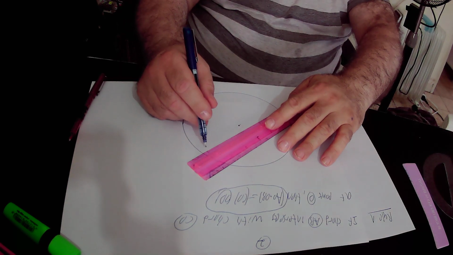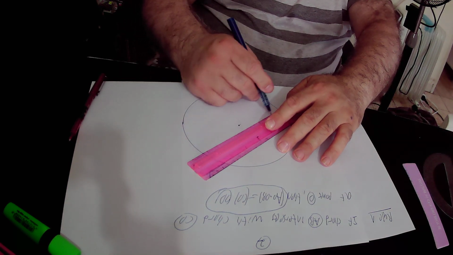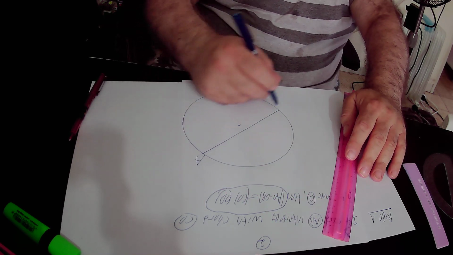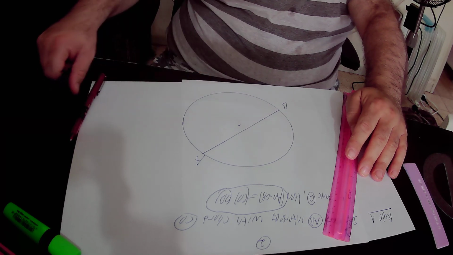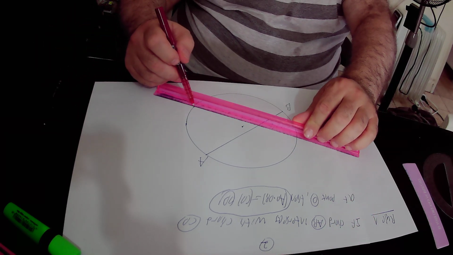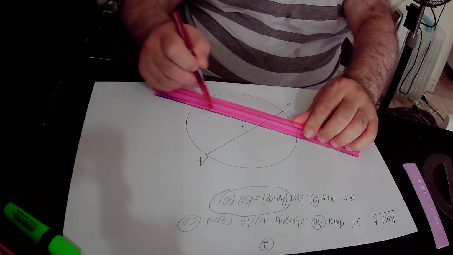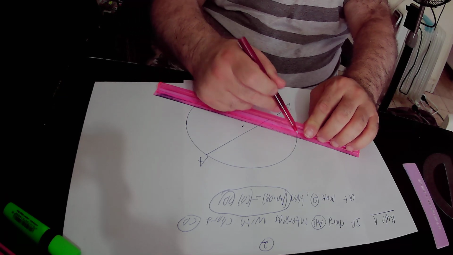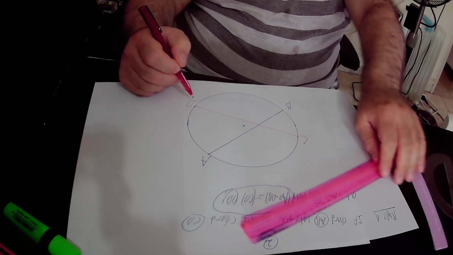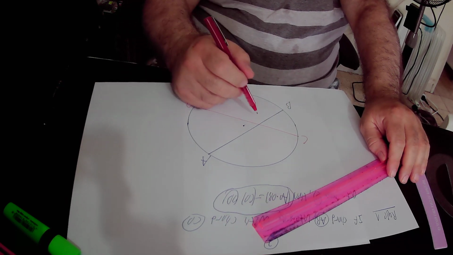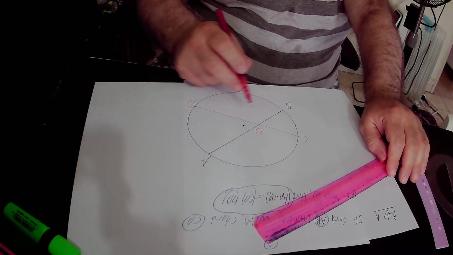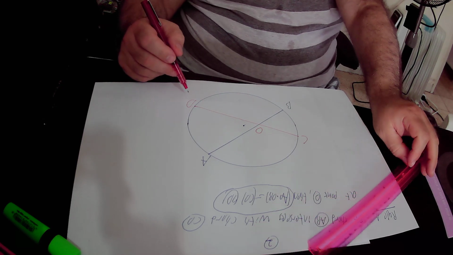This is chord AB. That intersects with chord CD. This is chord CD. And the intersection point is occurring at point O. Point O is the intersection point of chord AB with chord CD.